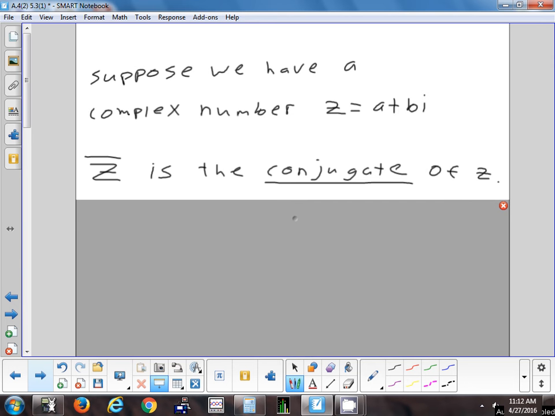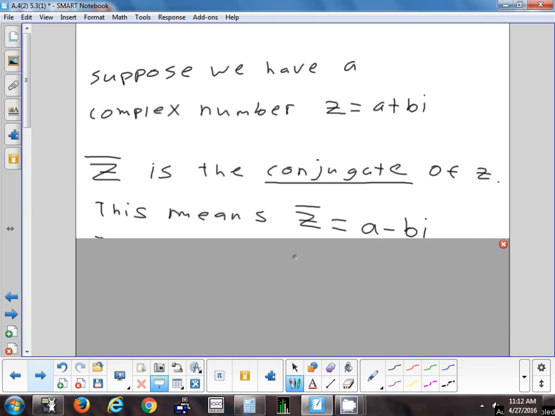If you take z and you put a bar over it, okay, what that bar means is the conjugate. And you pronounce this z bar. And it's the conjugate of z. So all that the conjugate basically means is, instead of it being a plus bi, the conjugate is when you change the sign of the imaginary part. So if it's a plus, you make it a minus.